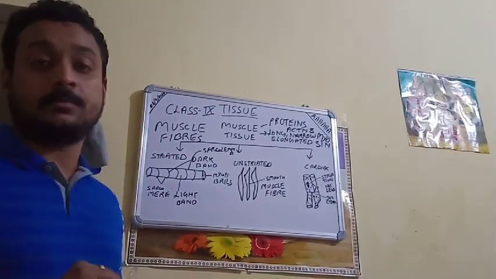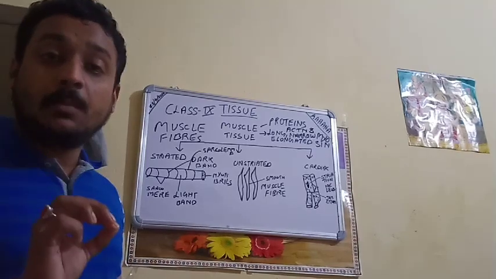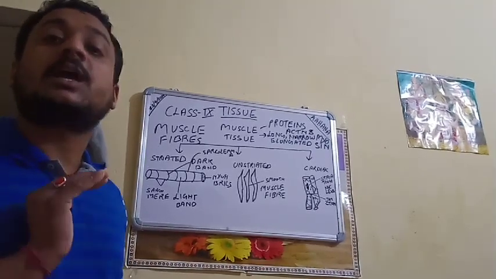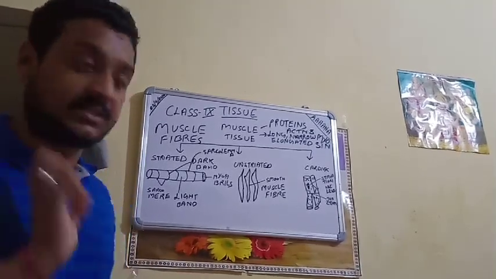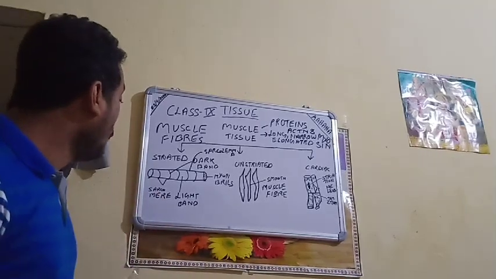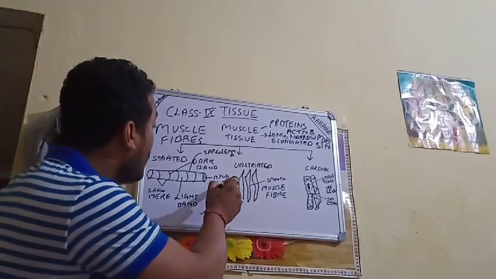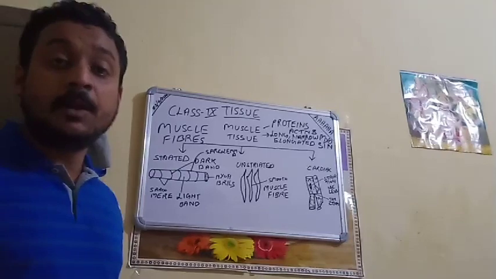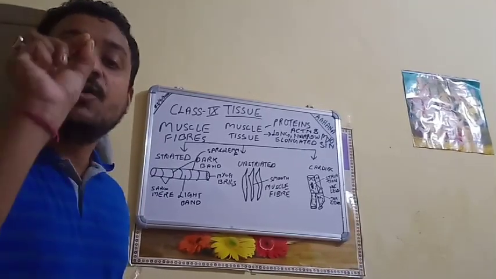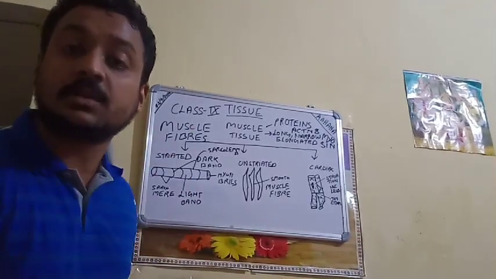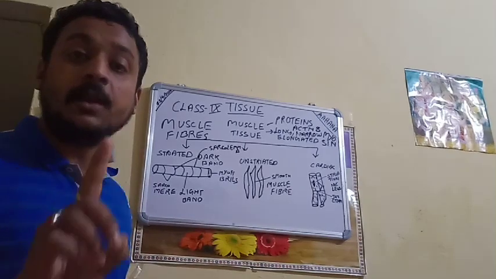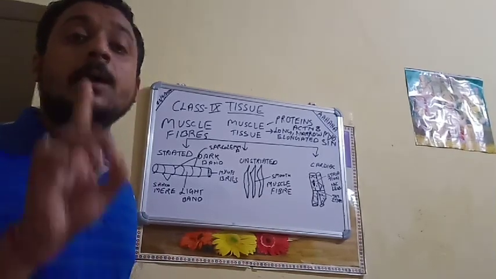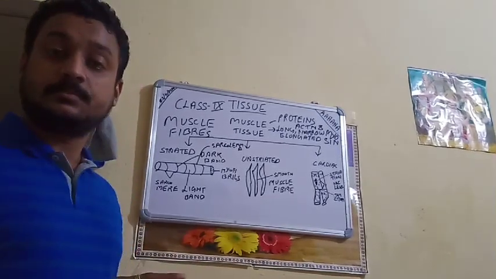Please note it. Sarcolemma is the plasma membrane, the covering of the muscle fiber. Secondly, what are myofibrils? Myofibrils are the finest fibers present in the muscles.